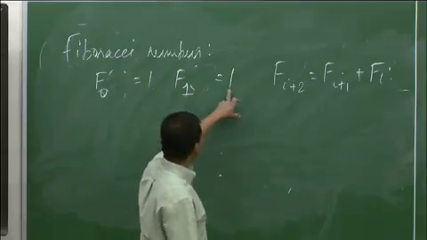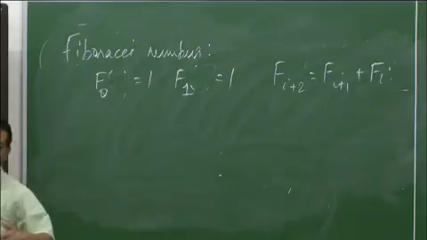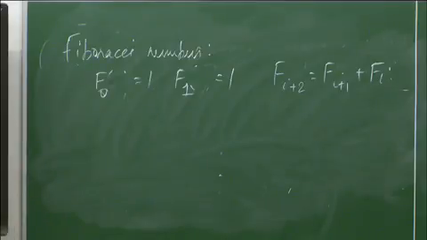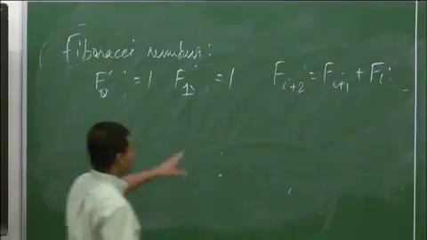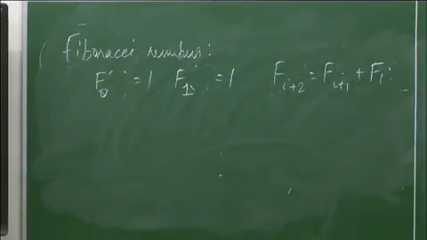Sometimes it is 0 and 1, sometimes it is 1 and 1, and it does not make a difference. You will just have one additional number which will essentially kick up linearly as you go. It does not matter. The main thing is this is the recursive solution for f of i plus 2. So, if you want the Fibonacci someplace, you solve for the previous one, solve for the one before that, add them up, and produce the next number.